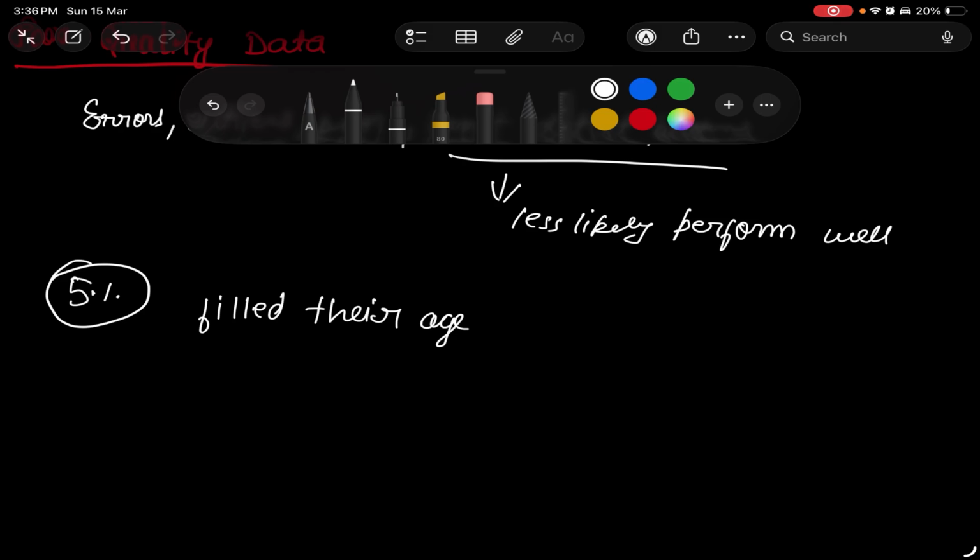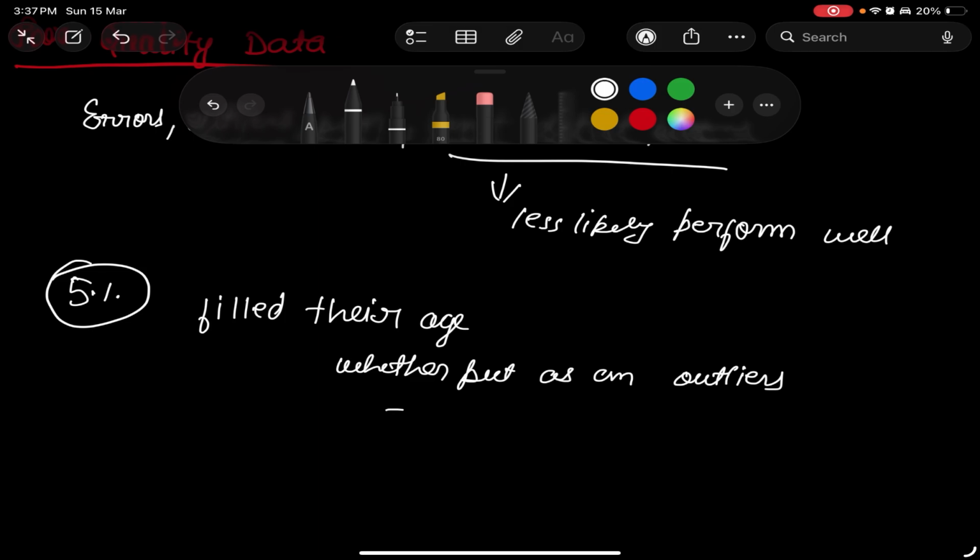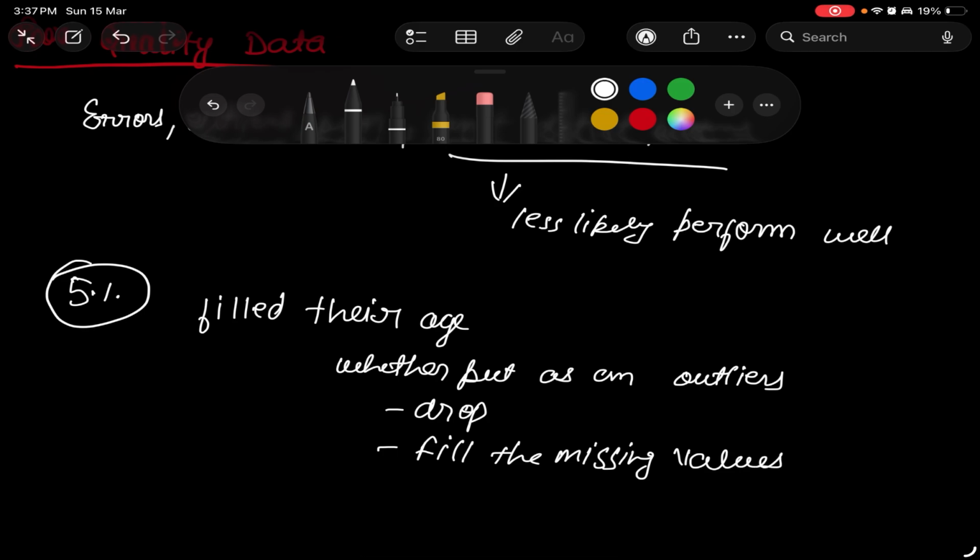In that situation, what will you do? Will you treat them as outliers, drop them and not use them, or will you fill in the missing values? Fill the missing values, because data matters.